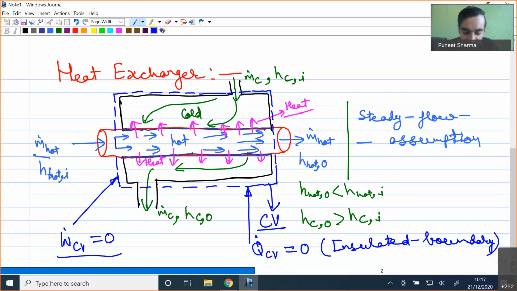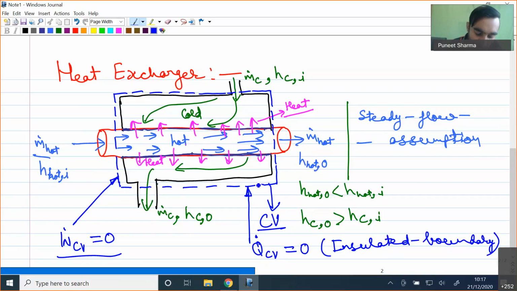The only thing happening here is the interaction of energy between the hot and cold medium. But even if I consider both these as individual control volumes, because our control volume is not having any interaction across the boundary, whatever energy interaction is happening is within the control volume.